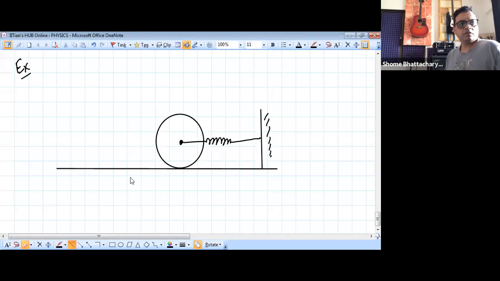Just a moment. Like this thread which is going around a fixed kind of pulley like this, which is frictionless. This is attached to the ground, and then this thread is further going up.